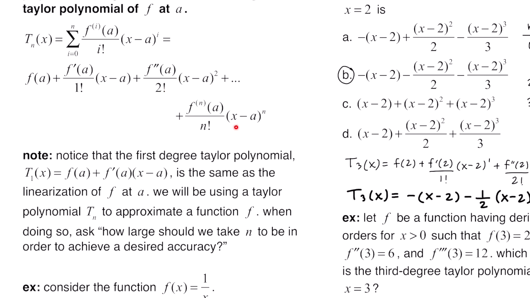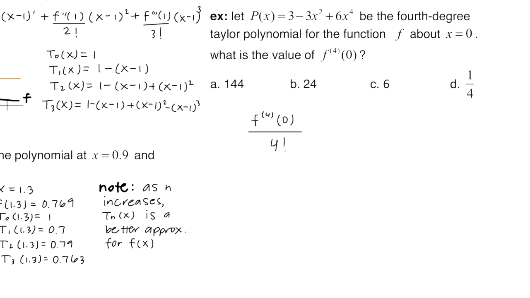Or you can look at the general term. Here you have x to the n, and then the coefficient is the nth derivative of f at a divided by n factorial. So what that means for this term right here, you have your x to the fourth, and the coefficient of 6 is equal to the fourth derivative of f of 0 divided by 4 factorial.